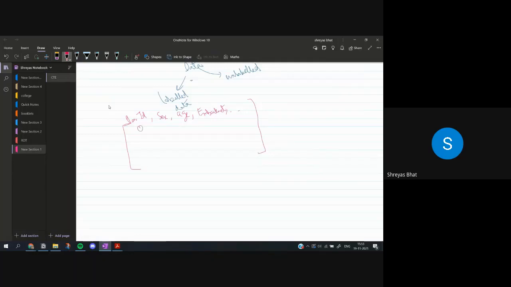Just randomly, let's take 0, M, 21, C something, and this is the Y label.